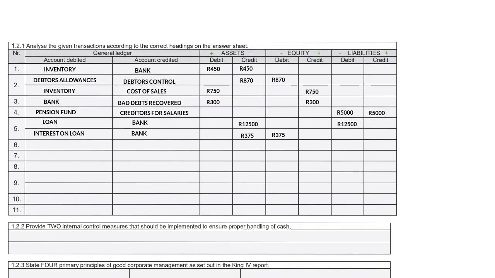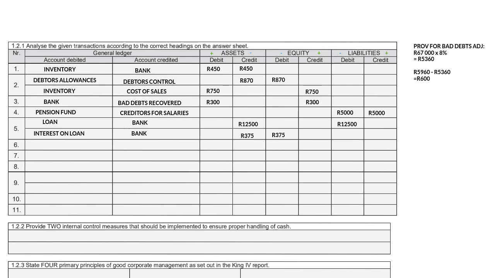Number 6. The allowance for bad debts account shows a balance of 5,960 Rand. Outstanding debtors amount to 67,000 Rand. Adjust allowance for bad debts to 8% of debtors. So before we can record this on our answer sheet, we quickly first need to calculate our provision for bad debts.